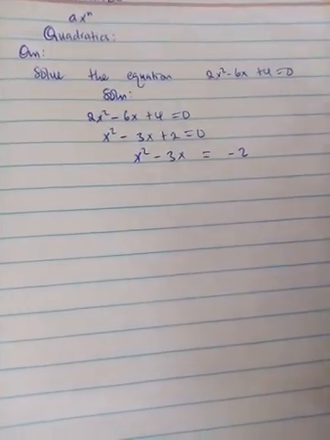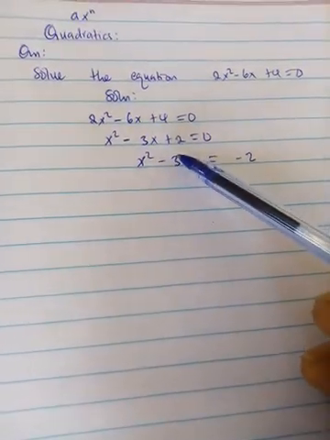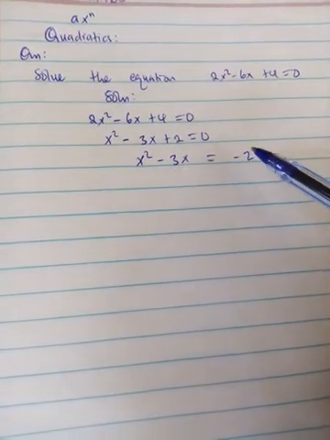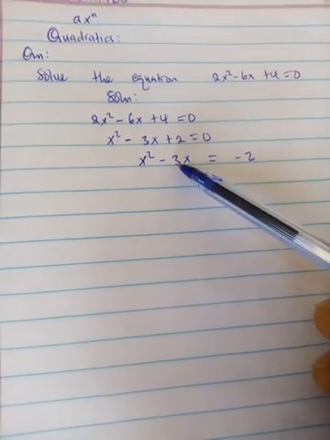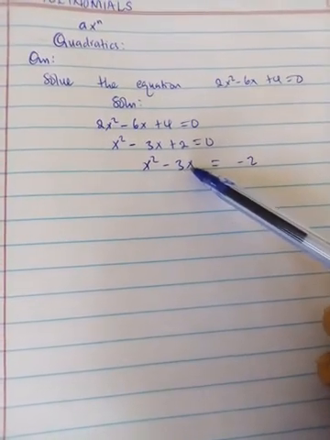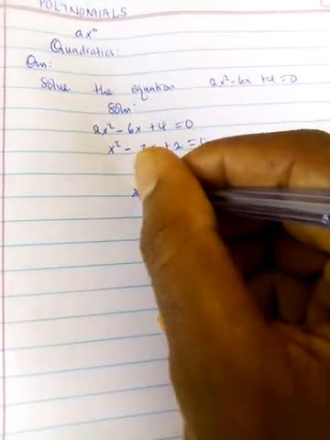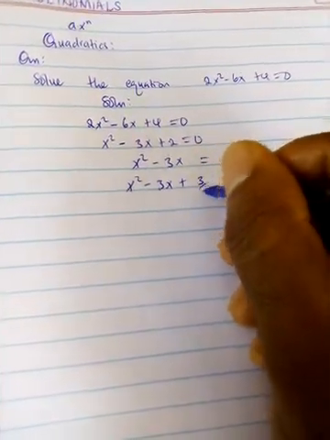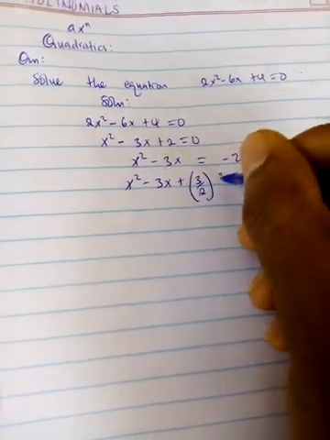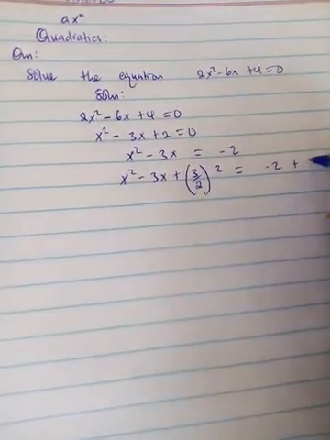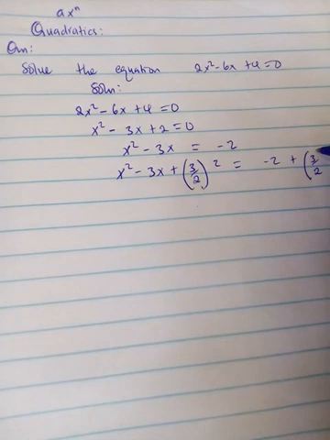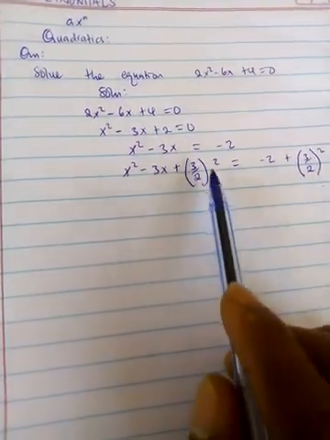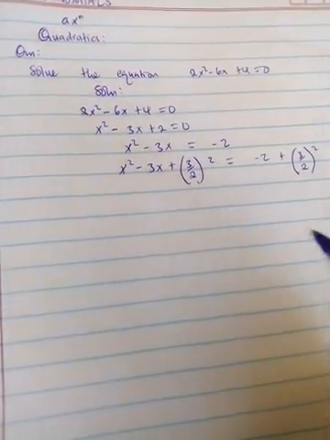How do we complete the squares? Half the coefficient of x, square it and add it on both sides. So I have x squared minus 3x plus the halved coefficient of x squared, equal to negative 2 plus the halved coefficient of x squared, such that I can resolve this into one square.